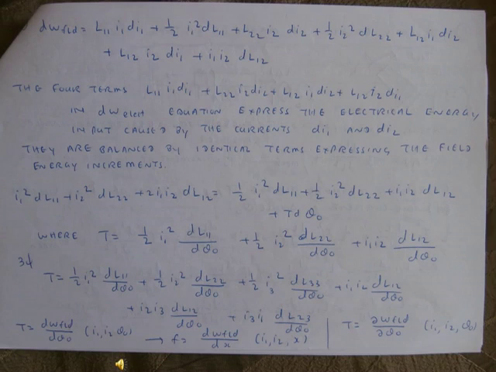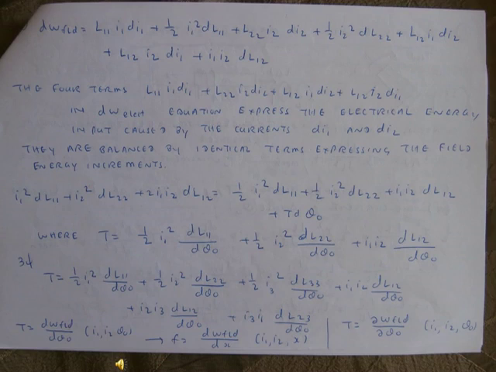So the stator input current change and the rotor input current change cause those four terms, which are also included in dW electrical energy. So they are balanced by the identical terms expressing the free energy increase.